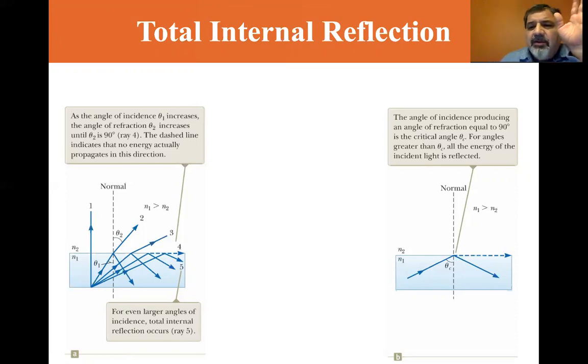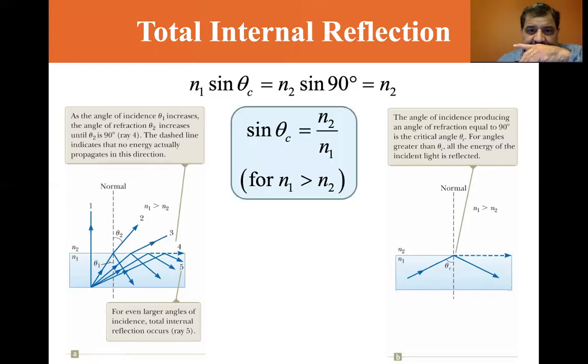For angles greater than theta c, all the energy of the incident light is reflected. It all stays within the medium. So N1 sine theta critical is equal to N2 sine 90 degrees equals N2. So sine of theta critical is equal to N2 divided by N1, for N1 greater than N2.